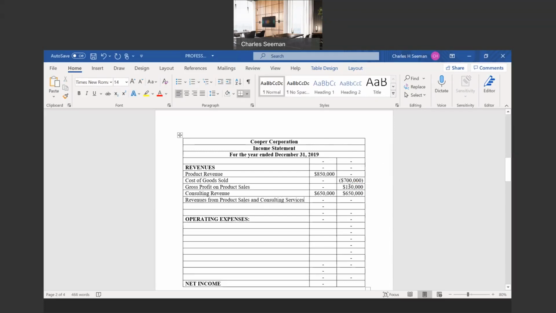Then I just combine these two numbers. This is one way to do it. So I just added the 150 and the 650 and came up with the 800.